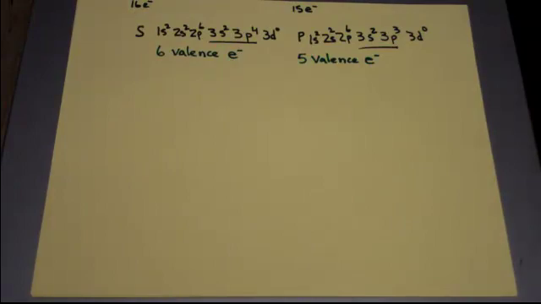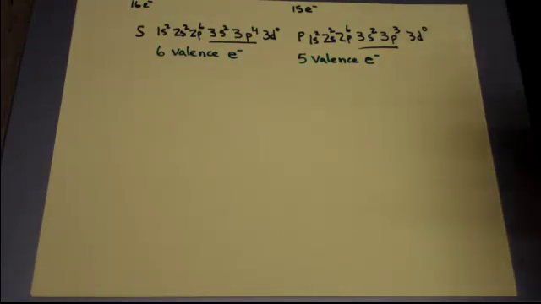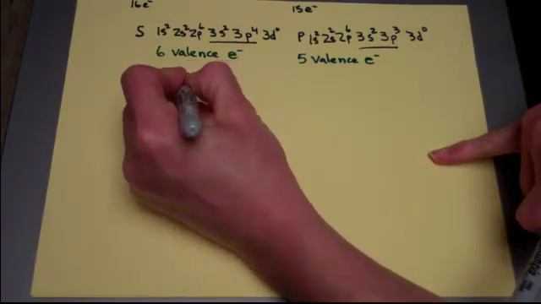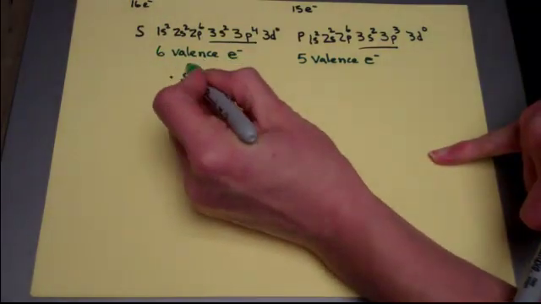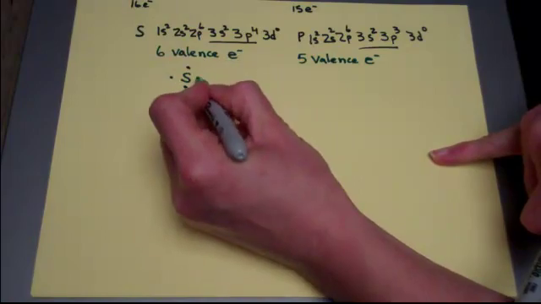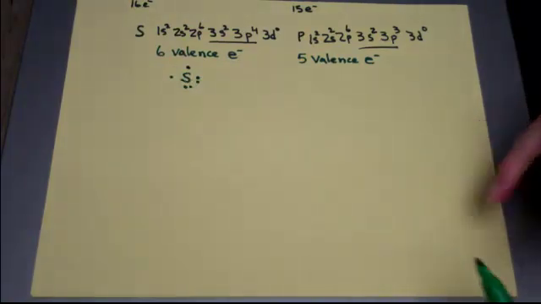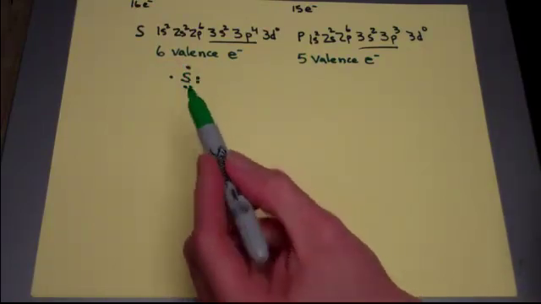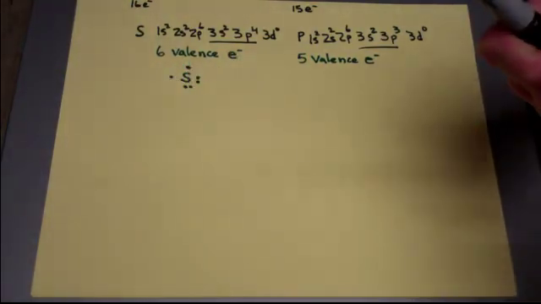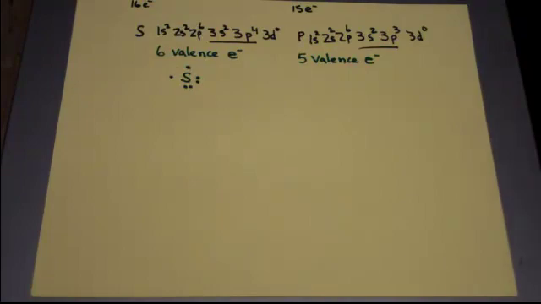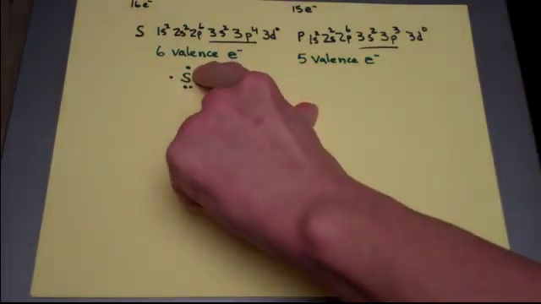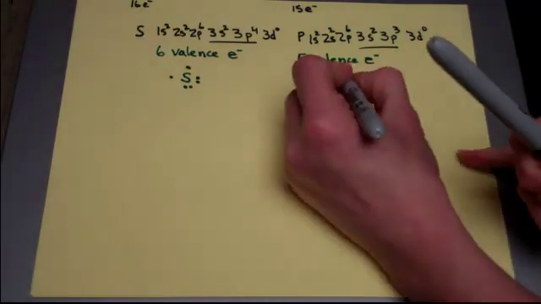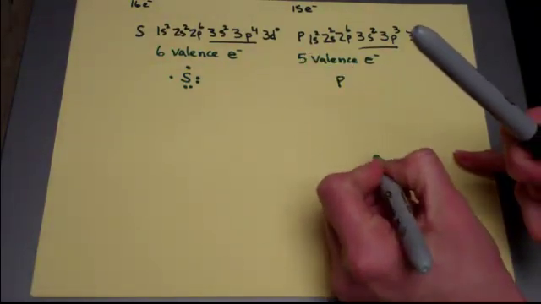If we fill these in as a Lewis structure, we would put them around the sulfur, 1, 2, 3, 4, and then they would start to pair up, 5, 6. To get to the octet state, sulfur would like to create 2 more bonds with another atom to share, and then it would be full. In a similar way, phosphorus wants to do the same thing.